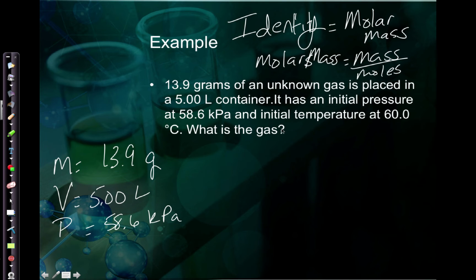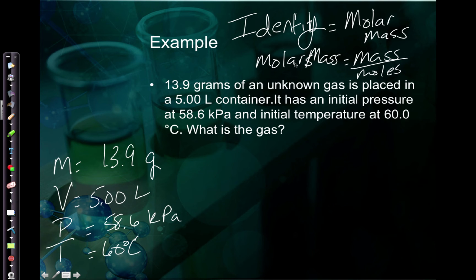It doesn't give me a new temperature, so I don't need to assign a 1 and a 2. The temperature is 60 degrees Celsius, and again, initial doesn't matter here because it's not giving us a new anything.